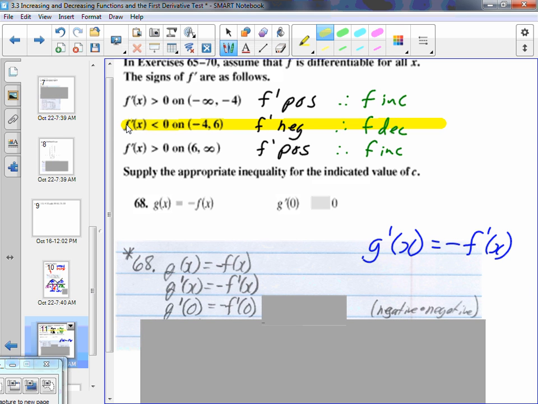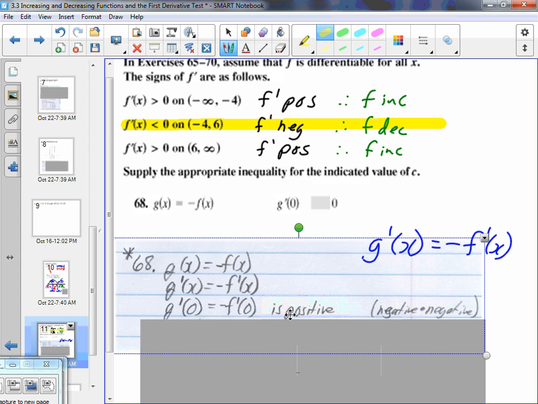Okay? So on that second interval, f prime is negative. So f prime of 0 is a negative number. Well, negative times negative means that it's positive, doesn't it? Or like I said before, g prime and f prime have opposite signs.